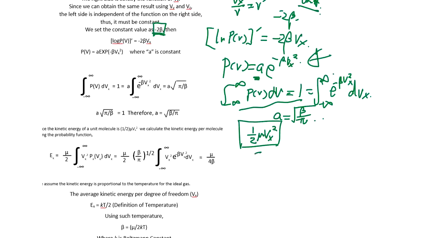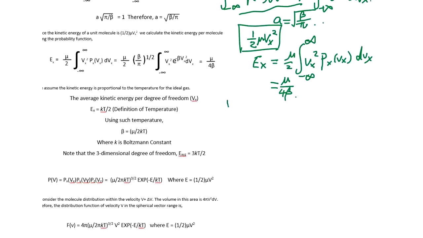So the energy in the x direction is going to be the integral of Vx squared Px(Vx) dVx, and you add up all the particles in this distribution. So it turned out to be 1/4 beta. And this is very simple.